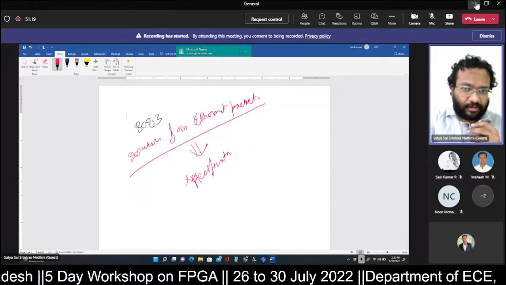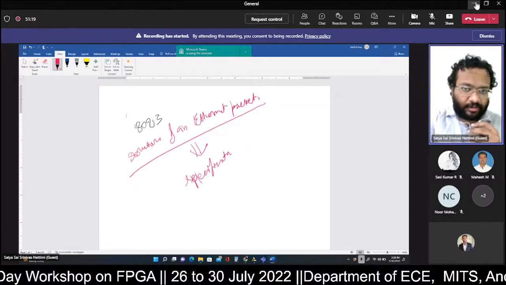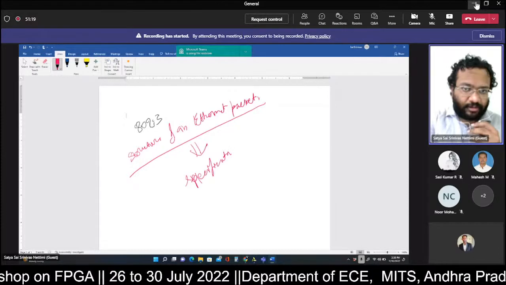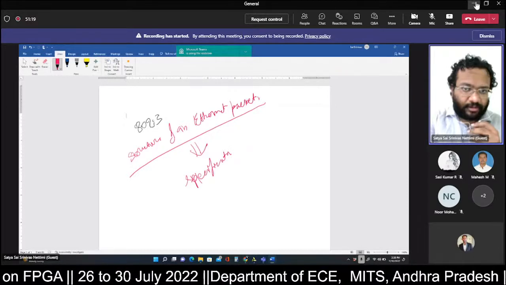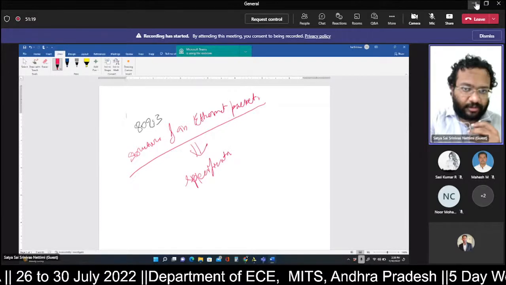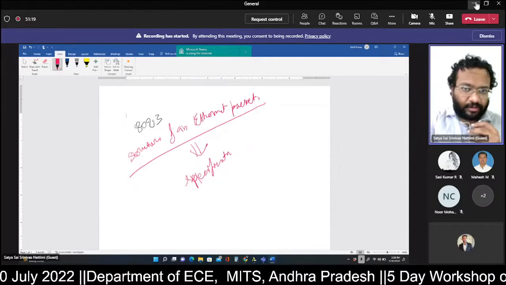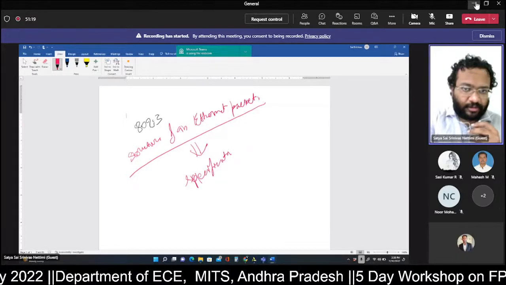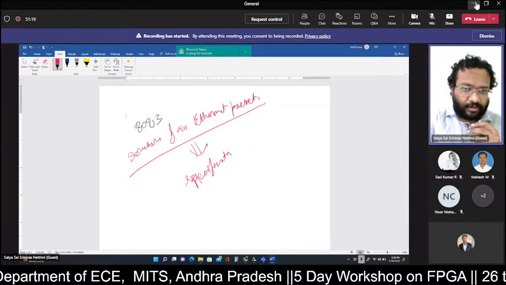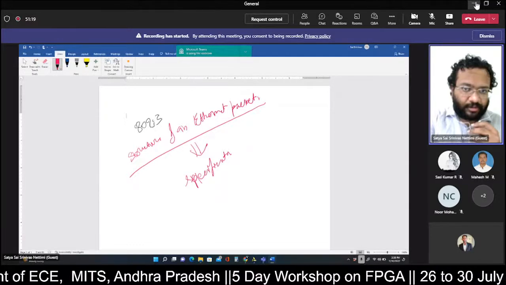Whenever a positive edge of the clock comes, whatever this combinational next state logic is providing to the register, that value will pass into the register, and this value goes again to the combinational next state logic as feedback. To this combinational logic we have some internal inputs and external inputs, and it will do some data manipulation operation, and on the arrival of the next clock edge, whatever data is computed, that data again goes into the register.